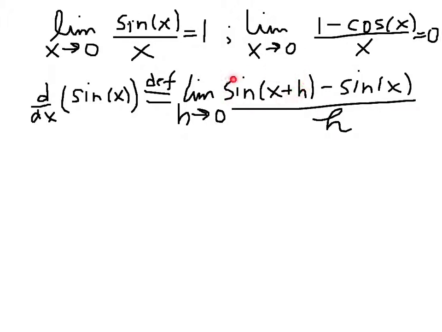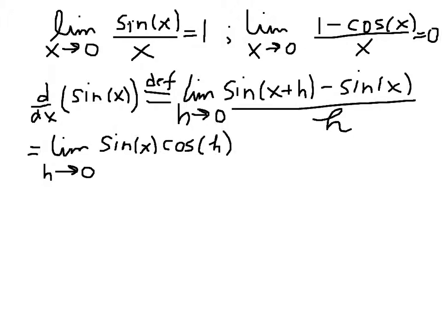You'll remember from trig that we have an identity for the sine of a sum. I'll use that identity and rewrite this as the limit as h goes to 0 of sine of x times cos of h plus sine of h times cos of x, and then I have the minus sine of x at the end.